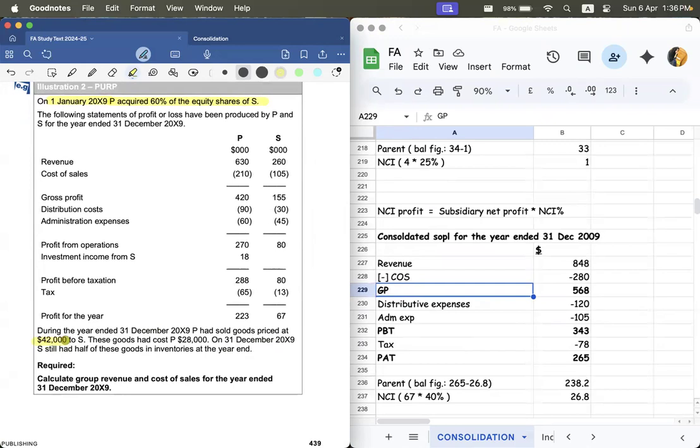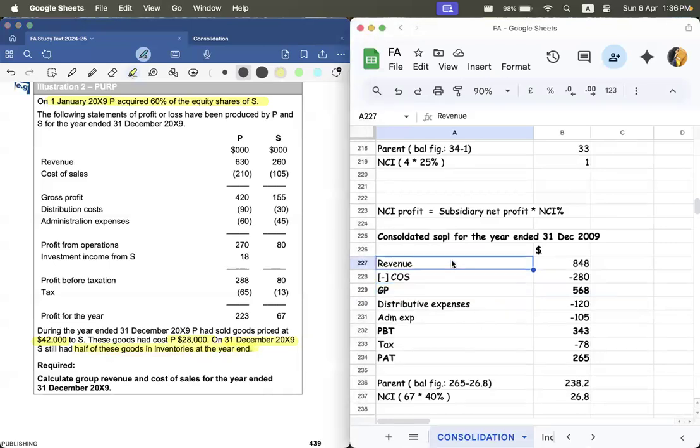So 42,000 is the sales, and these goods had a cost of 28,000. On December 31st, 2009, half of the goods were unsold. That means the URP is just half of the profit.